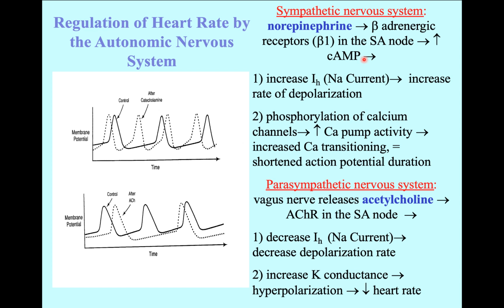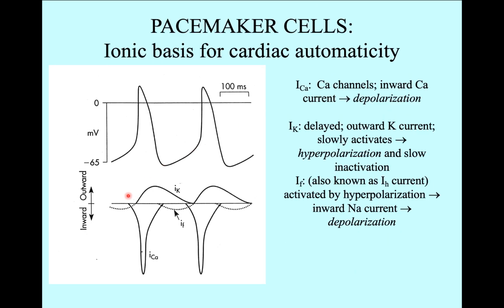Now, this is the part that's important. We increased cAMP in the cells, and an increase of cAMP has 2 major effects. Number 1, the more cAMP you have, the more leaky your sodium channels are. So let me go back a slide. Remember, this rose up because of leaky influx of sodium.